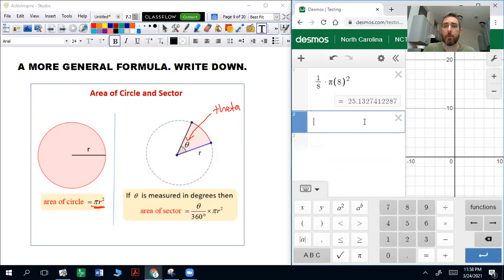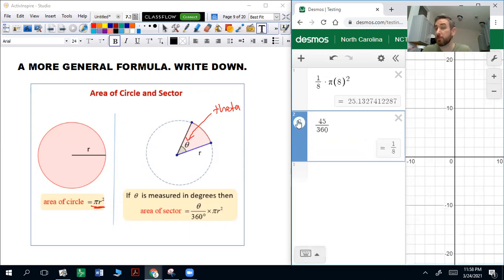I used 1/8, but what is 45 out of 360? That's 0.125. Fraction bar tells me that's 1/8. So we can just generalize it by saying the degree out of 360 multiplied by pi r squared. That makes it a little bit easier.